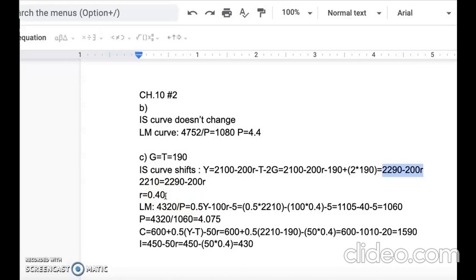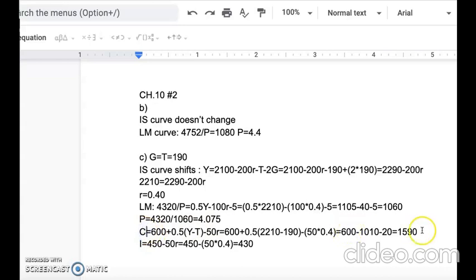For the LM curve, we can use this interest rate, and we calculate it. We substitute all the values, and we will get price equals 4.075.